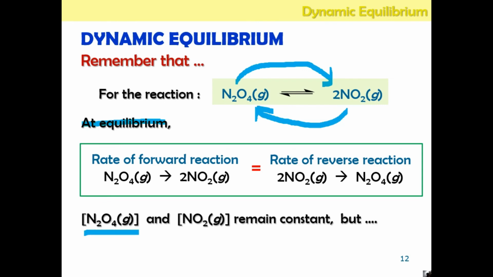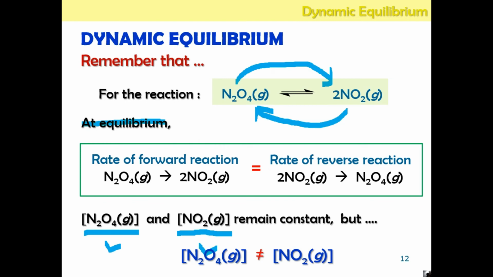The concentration of N2O4 and the concentration of NO2, the concentrations of reactant and product, remain constant, but the concentration of N2O4 is not equal to the concentration of NO2. Please remember.